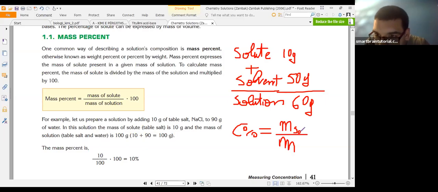Here I write m for solute, and m for solution. This concentration is expressed in percentage. This is why it's called percentage concentration.